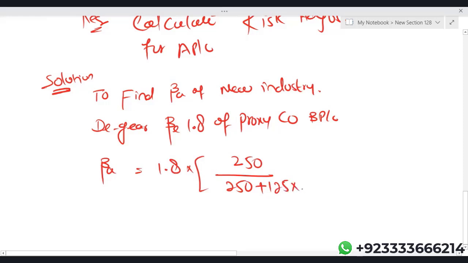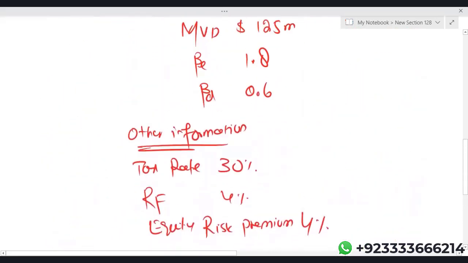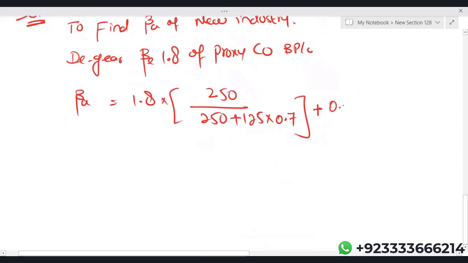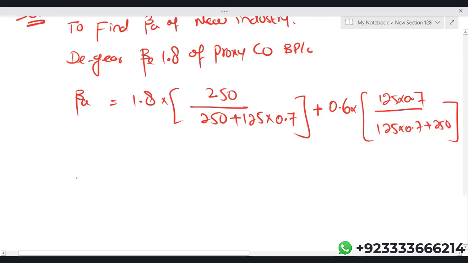Tax rate is 30%, so it's going to be 0.7. They do have a beta debt as well, which is 0.6. Beta debt 0.6 into market value of debt 125 into 0.7, divided by 125 into 0.7 plus market value of equity, which is 250. So very easily we can calculate beta asset.